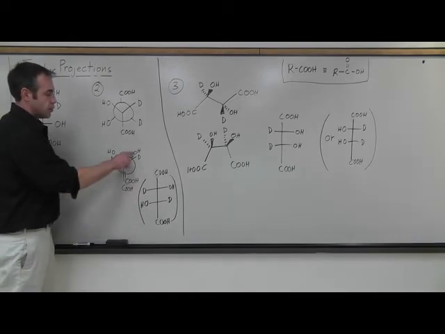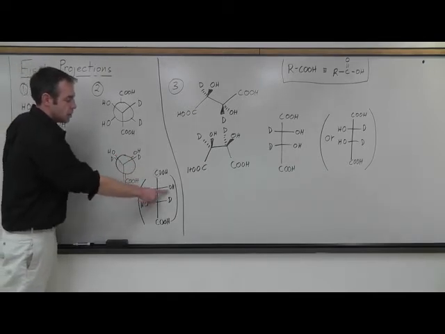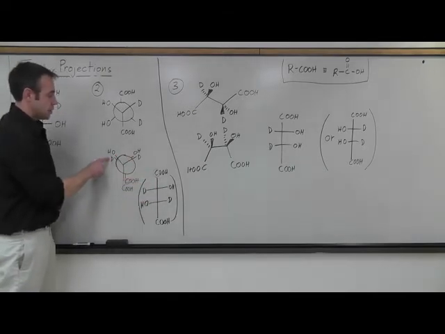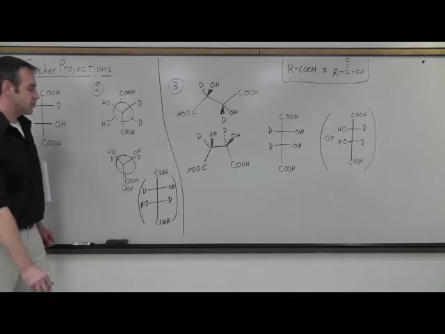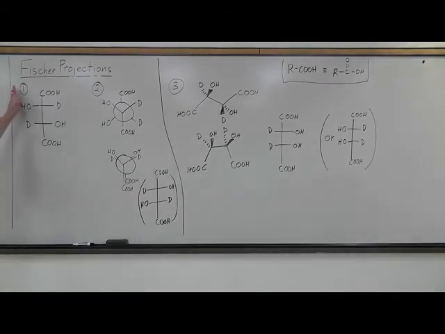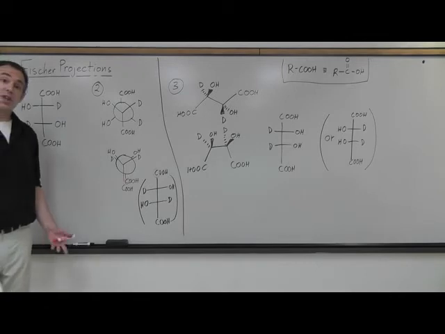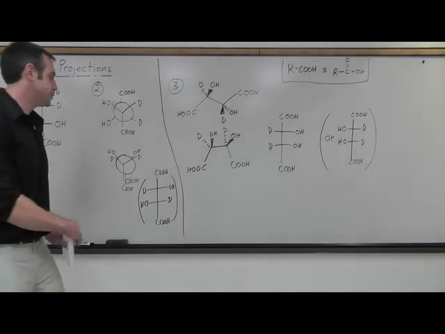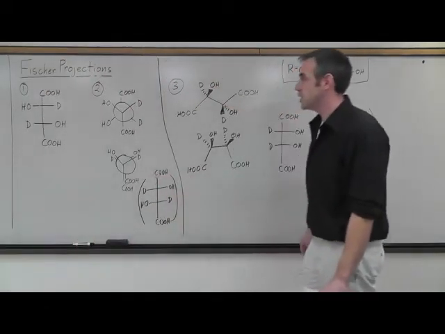And that's where your hydroxyl would be on this side of the molecule, the deuterium would be on the other side of the molecule. When we compare the two Fischer projections, we realize that molecule 1 and molecule 2 are actually enantiomers because both stereocenters have changed.